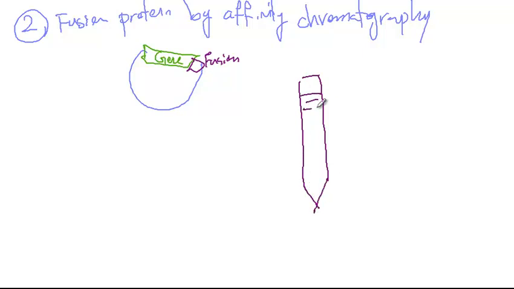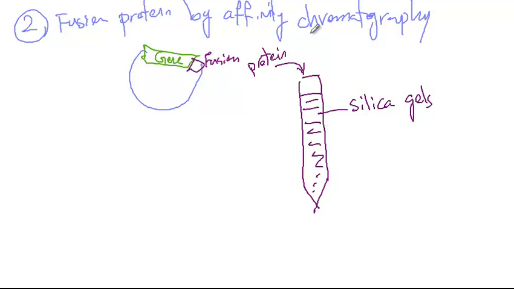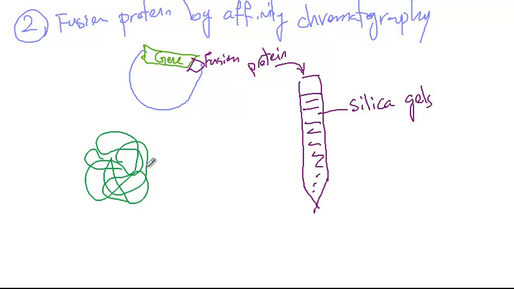It has the stationary phase that has the adsorbents, and these are usually silica gels. And then we will load our protein extraction into the affinity chromatography. Now what happens here is that our gene of interest will produce the protein, and then this protein will have a fusion protein attached to it.